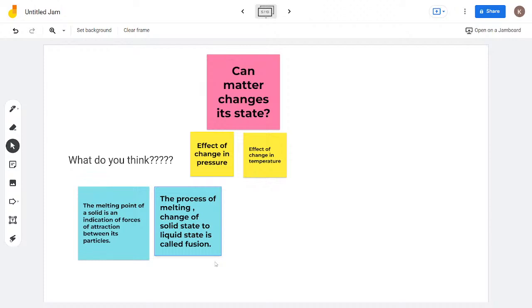Will the particles come closer? So do you think that increasing or decreasing pressure can change the state of matter? For this, let's apply pressure and reduce temperature. So can it liquefy gas? Yes, definitely. Applying pressure and reducing temperature can liquefy gases.